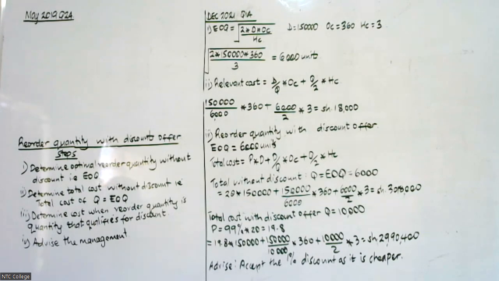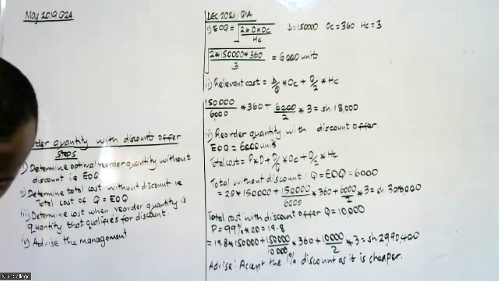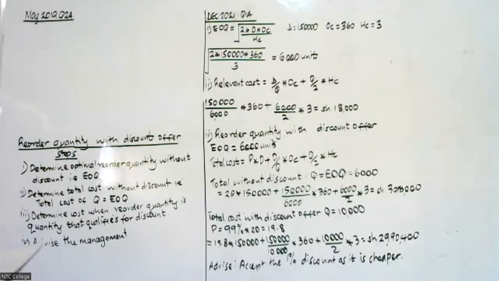While 9,001 to 10,000 is 13 shillings. Advise the management of Baraka Distributors Limited on the range of quantities to purchase.